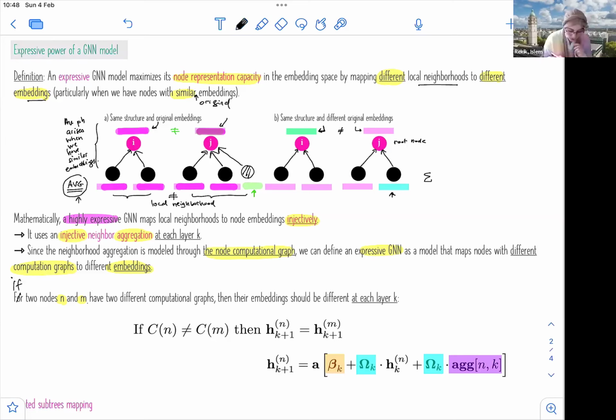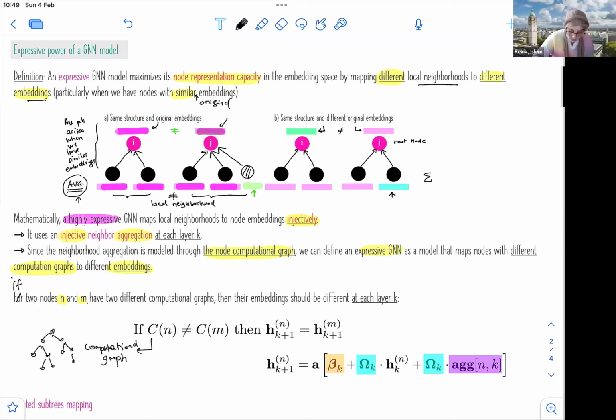So if two nodes N and M have two different computational graphs, then their embeddings should be different at each layer, okay? Which means if this is the computational graph of node N, this is the computational graph of a particular node, for example, right?